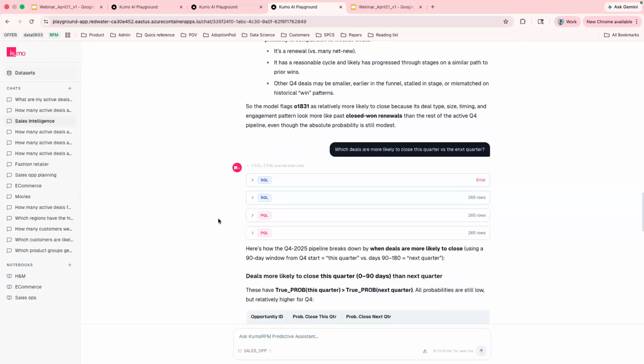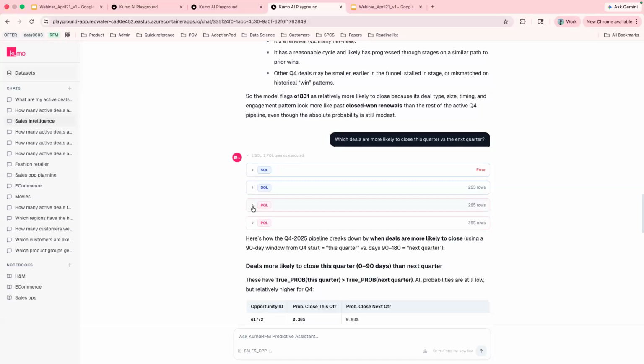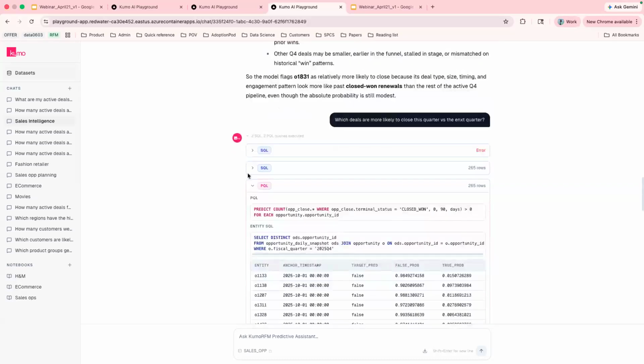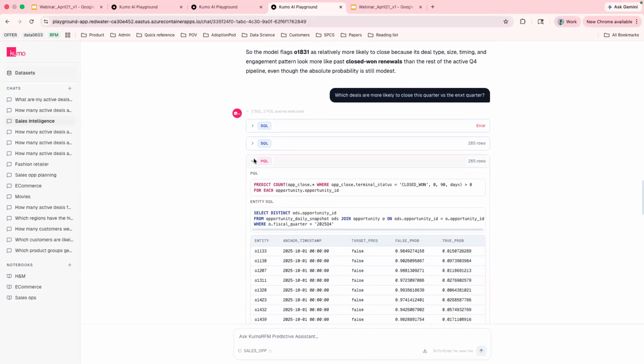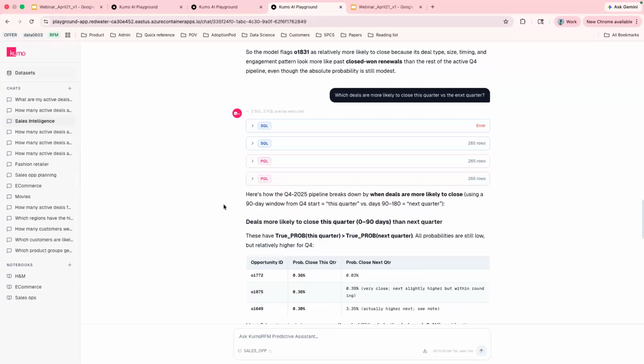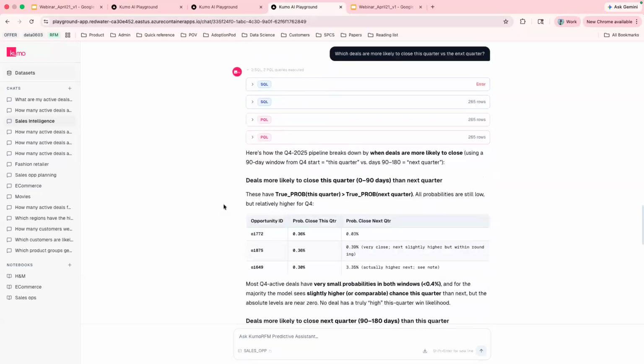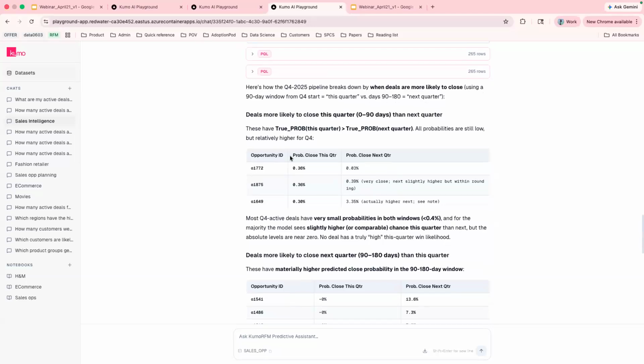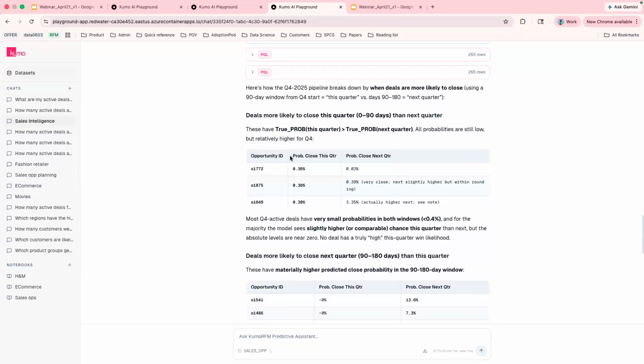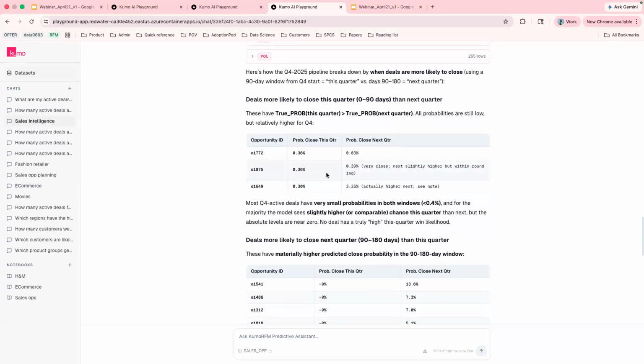So just to give you a quick sneak peek on exactly what happens here, Kumo RFM would run these predictive models at different time frames, and based on that, it makes an informed decision around why it's predicting that certain deals are more likely to close the following quarter versus this particular quarter. And here, the model shows that almost no deals have meaningful probability of closing this quarter.